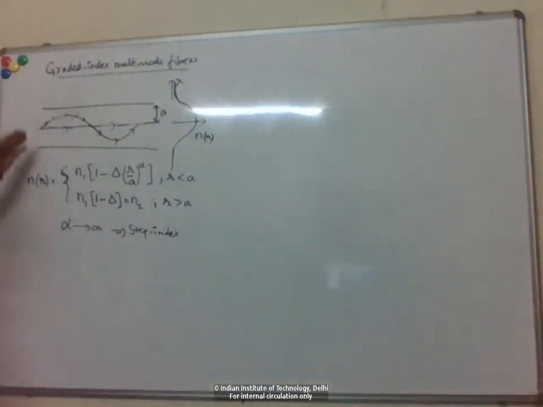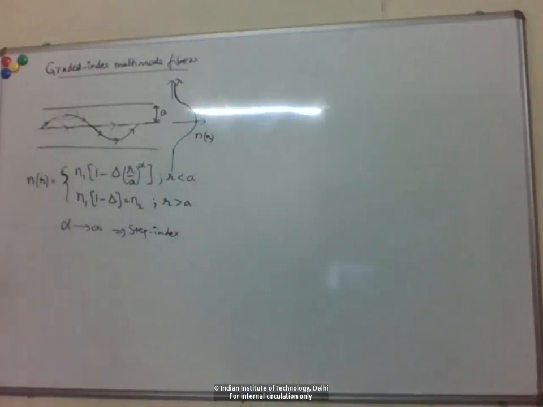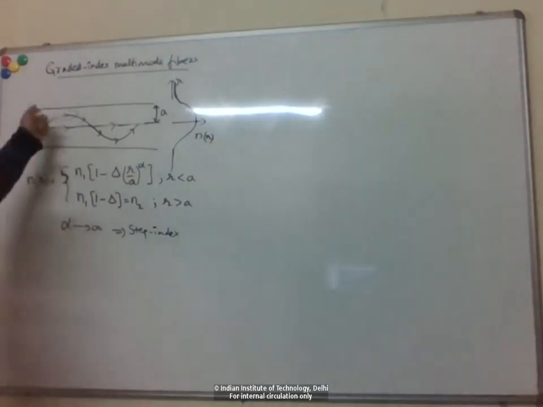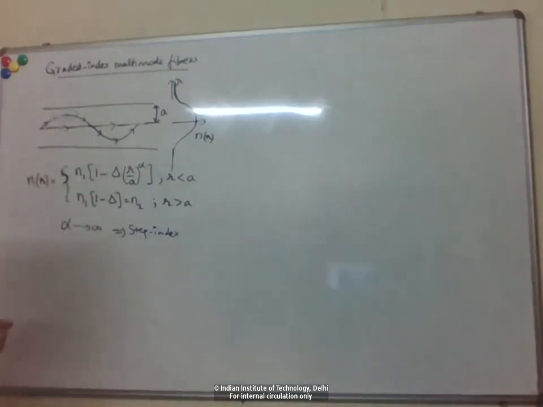Although it's taking a longer path, it's also traveling at higher speed. So the relative time difference between these rays would be smaller compared to the step index, where the ray path was longer but the speed was the same.